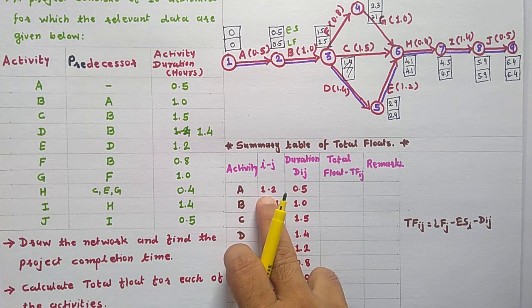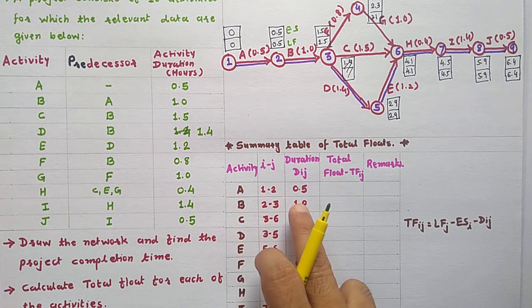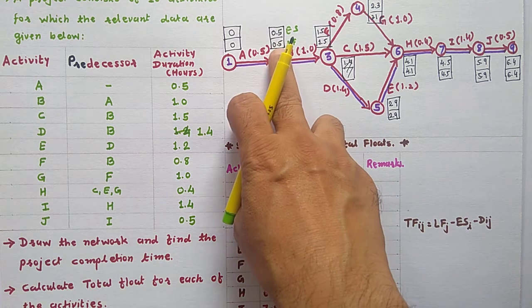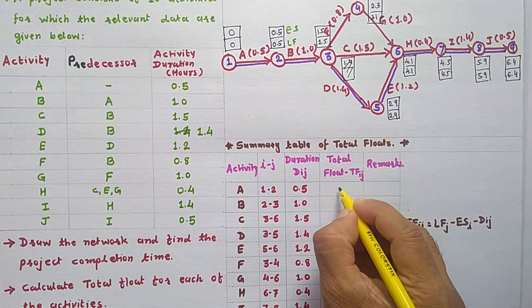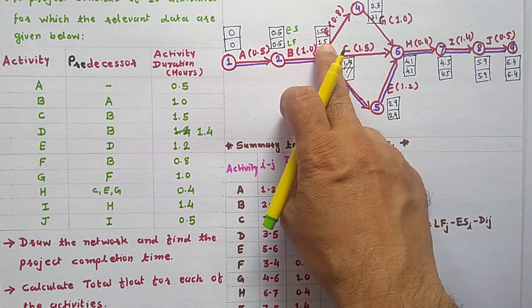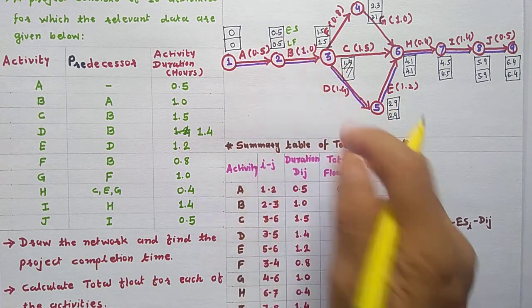First activity A, event 1 to 2: latest finish of head event 0.5 minus 0 minus 0.5 is 0. Second, B: 1.5 minus 0.5 is 1, minus duration 1, that is 0.